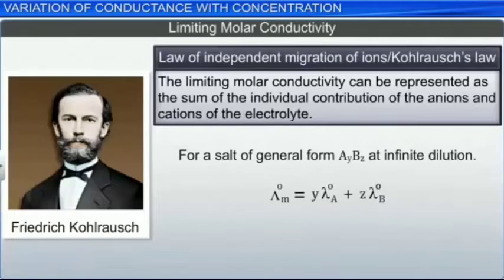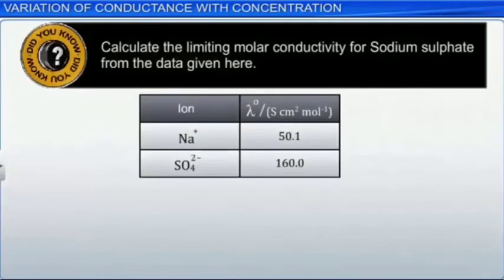Try to work through this problem on your own before checking the answer. Calculate the limiting molar conductivity for sodium sulfate from the data given here. Sodium sulfate contains 2 sodium ions and 1 sulfate ion.